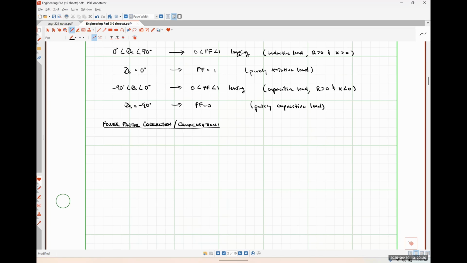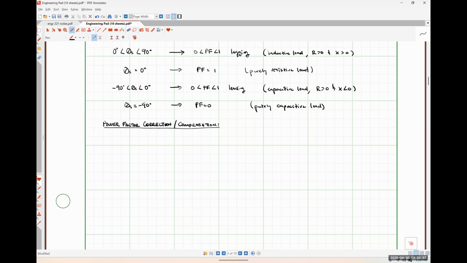All right, so we're going to focus largely on the cases where we have inductive loads.